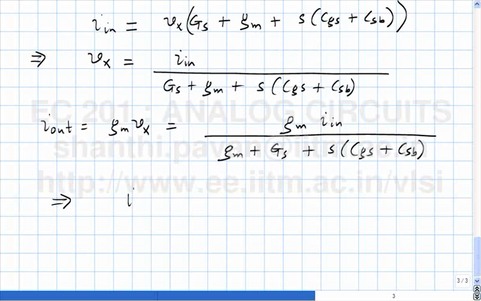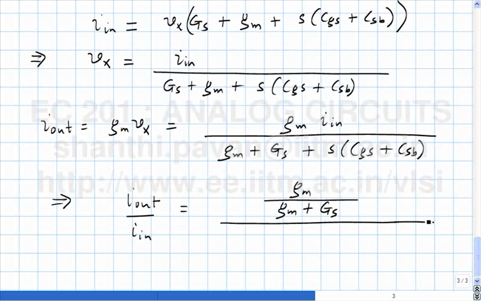Which simplifies to I out by I in is Gm by Gm plus Gs divided by 1 plus S times CGS plus CSB divided by Gm plus Gs.